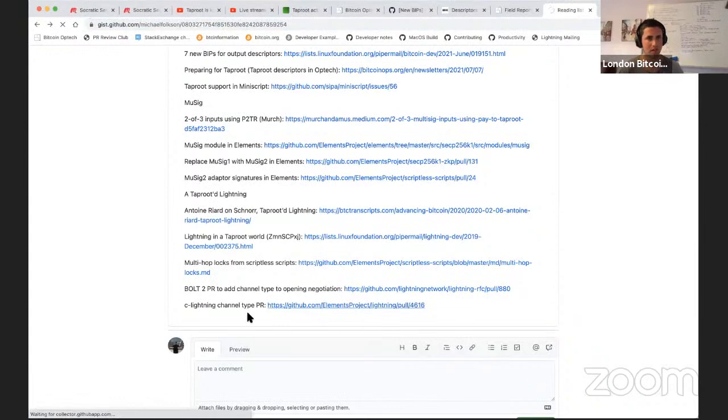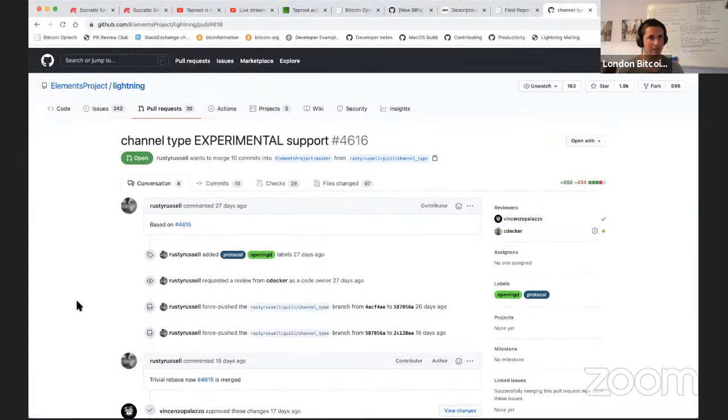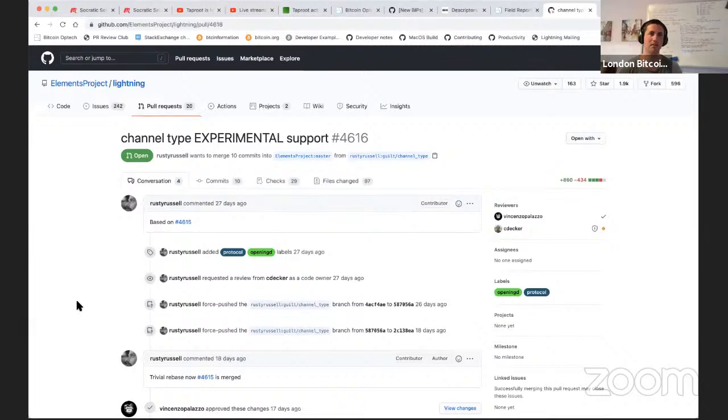There is a C Lightning PR for channel types. The approach they're likely to take is to have different channel types, perhaps a MuSig channel type for channels that are using MuSig, and then upgrading to a new channel type that's perhaps a point time lock contract rather than a hash time lock contract.